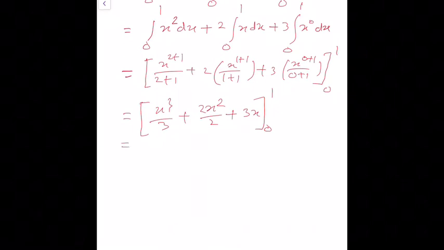First you put the upper limit in place of x: 1 upon 3 plus 2 times 1 square upon 2 plus 3 times 1, minus the lower limit in place of x.